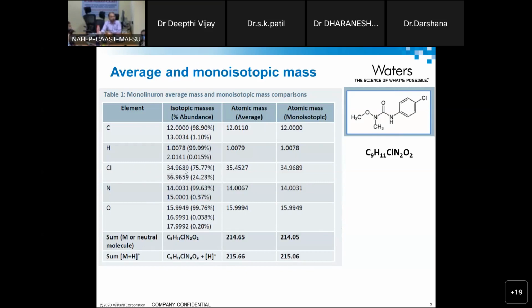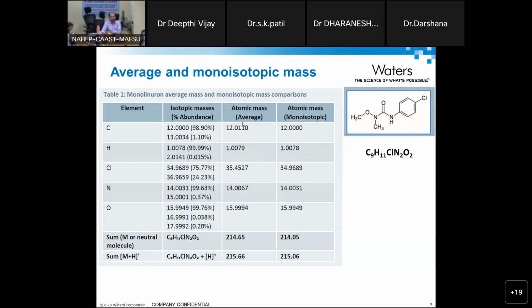So chlorine 35 is almost 75 or 76% abundant in nature, whereas chlorine 37 is around 24% abundant. So you have to multiply 35 into its naturally occurring abundance, that is into 75, plus 36.9 into 24.2 divided by 100, since it is given in percentages.